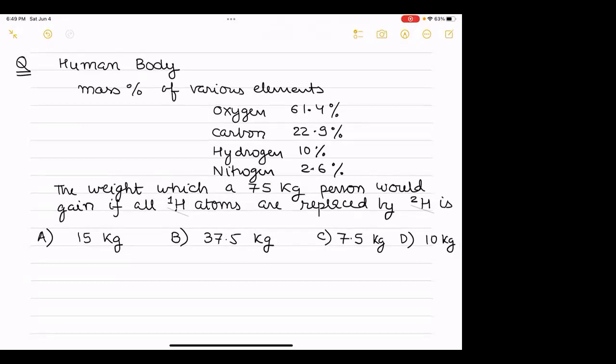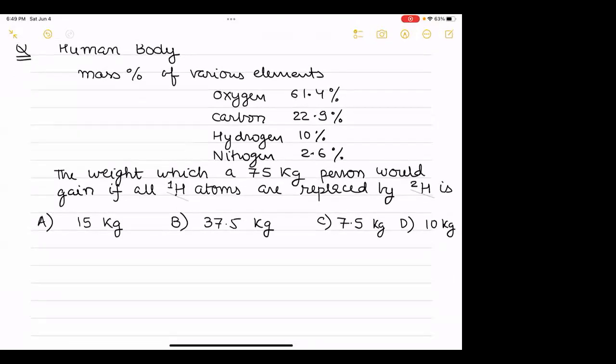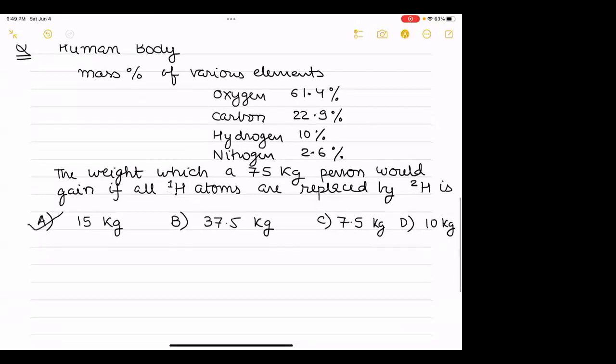Are you getting close to the answer? Sir, is it option A? Yeah, exactly. It is option A. And Vamsi, what about you? No, sir. I am confused, sir.